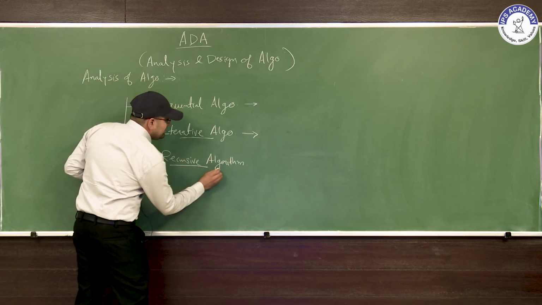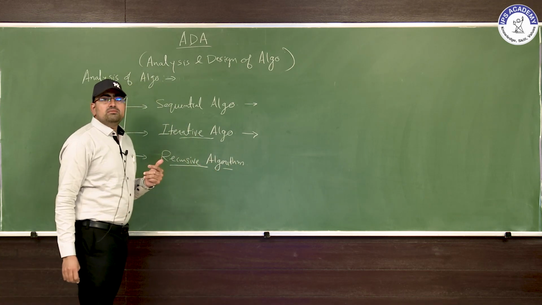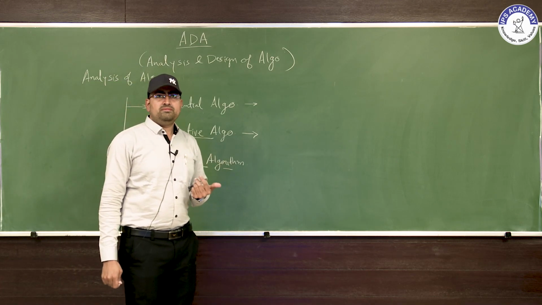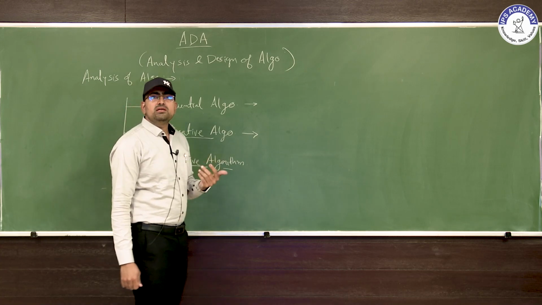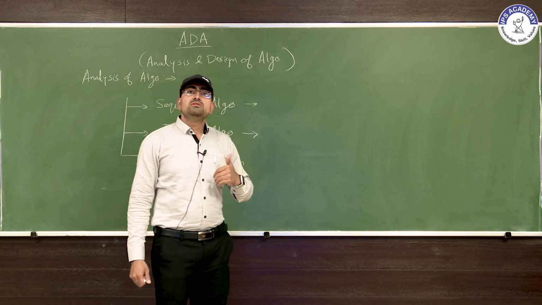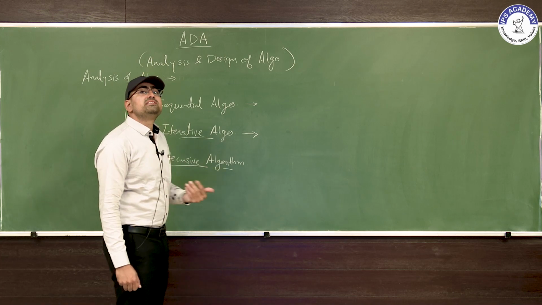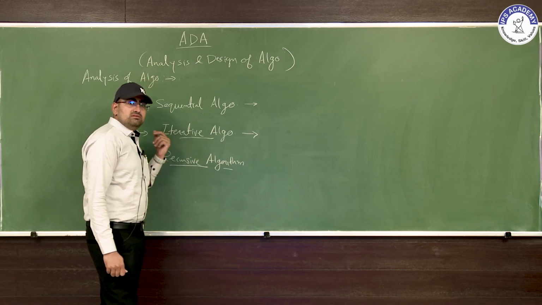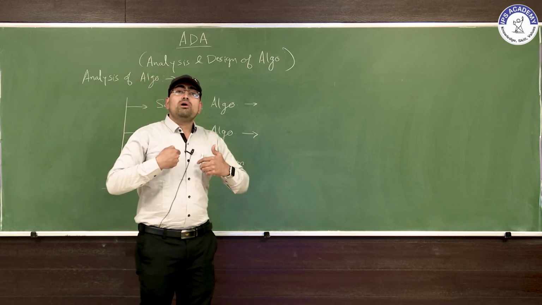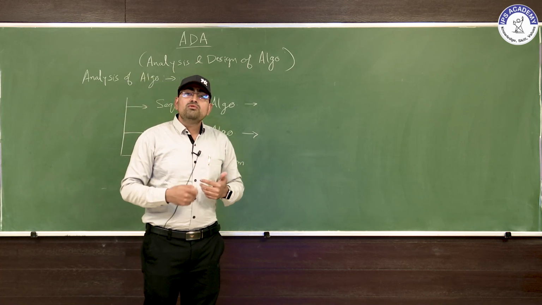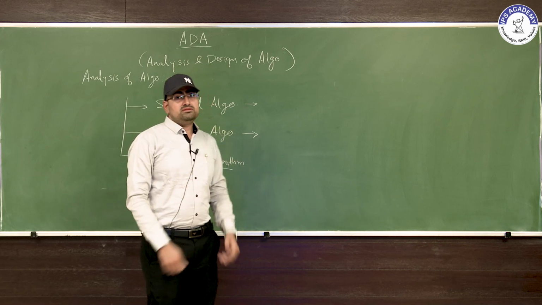Now the third category is recursive algorithm. Here recursion is involved. You must have heard about recursion. Recursion is nothing but repetition of the method by itself. So here the algorithm would be calling itself again and again for a finite number of times, right?